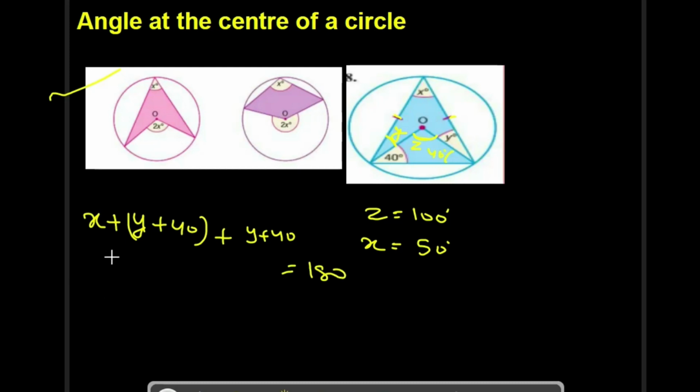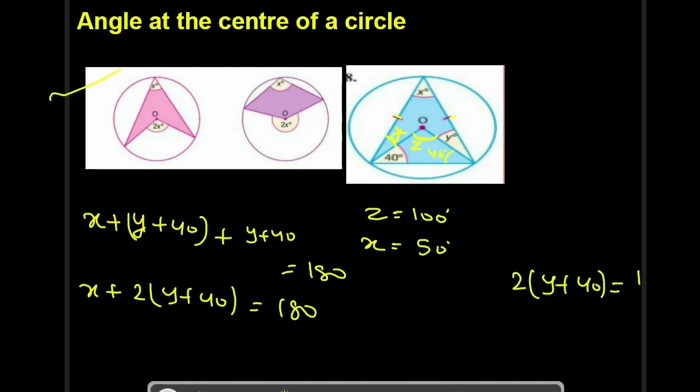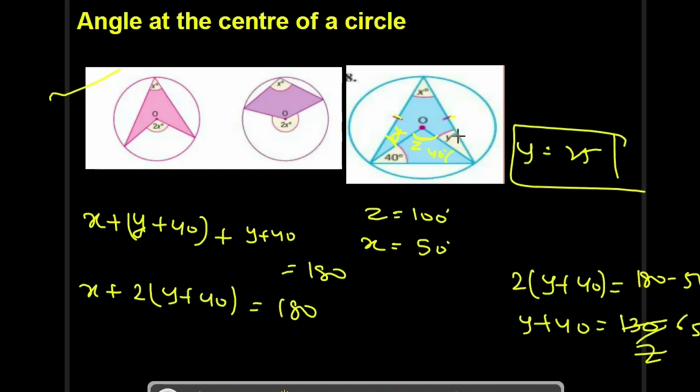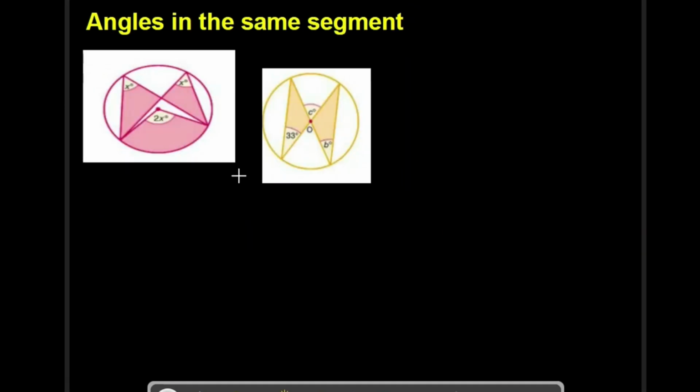So y plus 40 is equal to 180 degrees. So in this scenario, I can write x plus 2 times (y plus 40) is equal to 180. X we know, right? 50. Substitute it. 2 times (y plus 40) is going to be 180 minus 50. Y plus 40 is going to be 130 divided by 2, which is 65. So y is equal to 25.